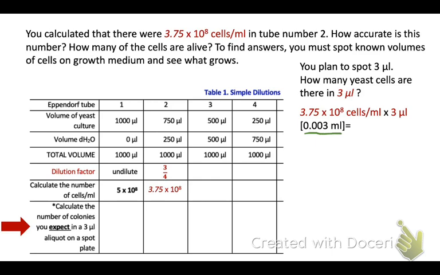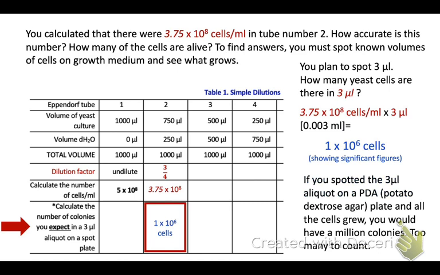So we're going to get rid of the microliters and make sure that we're using units, mils, that are consistent between those two numbers. And what we end up with is roughly 1 times 10 to the 6 cells, because we've canceled out the mils. And we're only showing significant numbers here. And now we can plug that into our table.